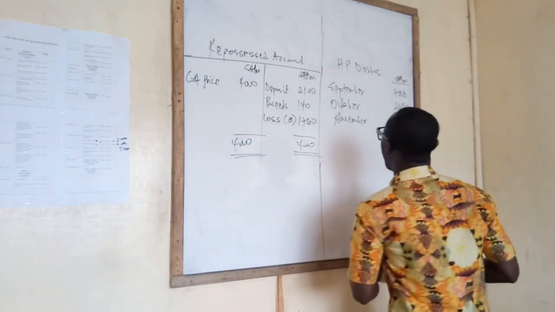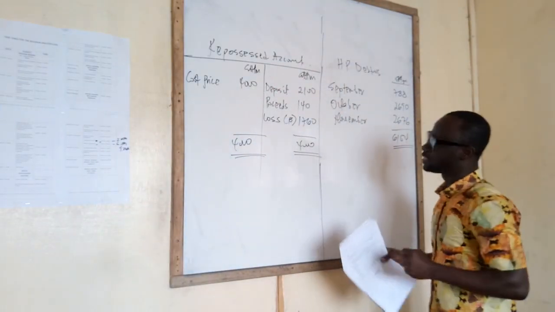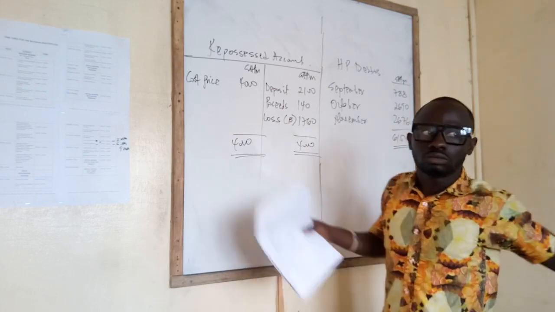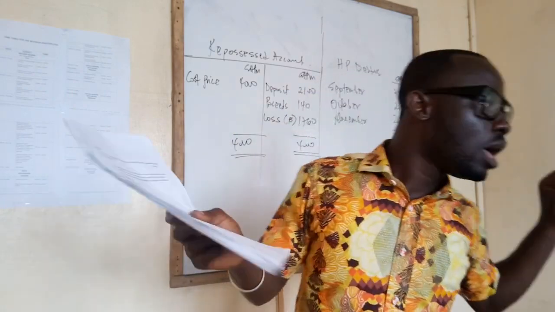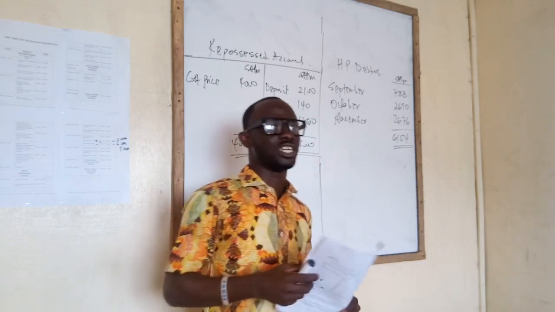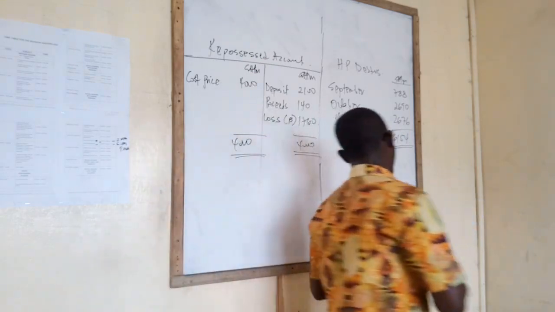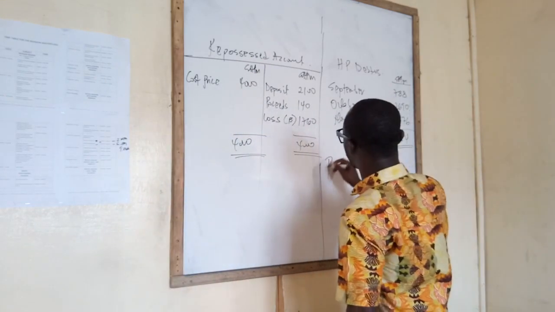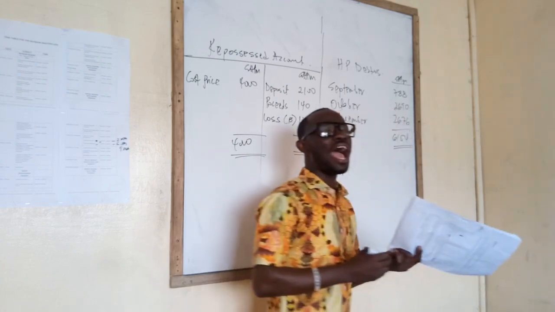Now, why do we need the hire purchase debtors? Because we need it for our balance sheet. First scenario. But anytime you are doing hire purchase, there is something you have to do. It's called provision for unrealized profits. Why?